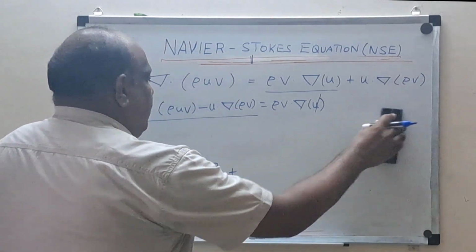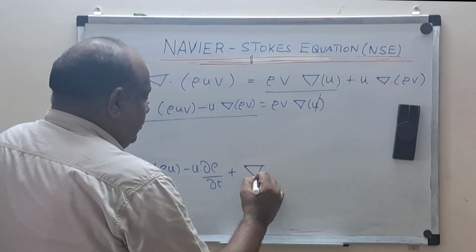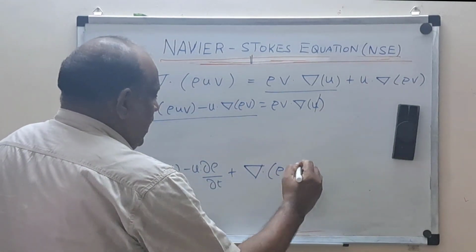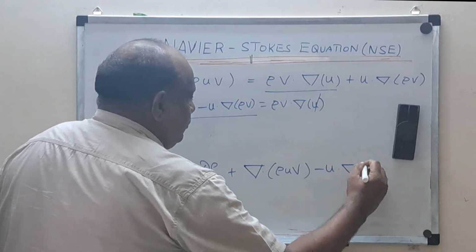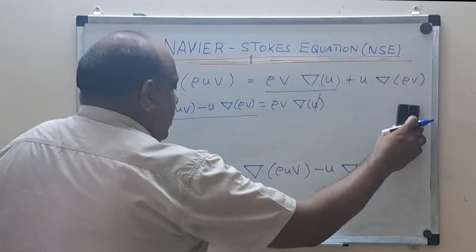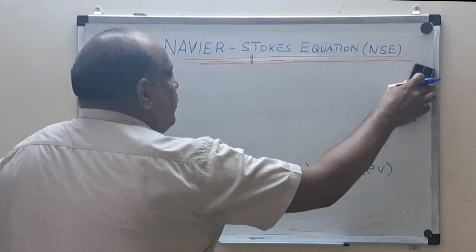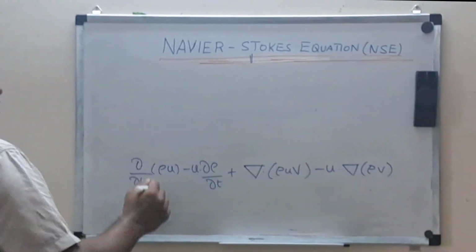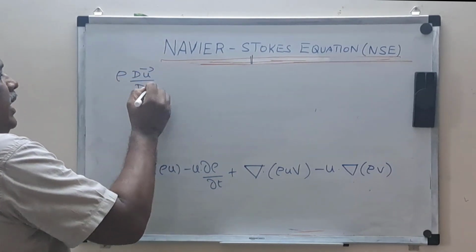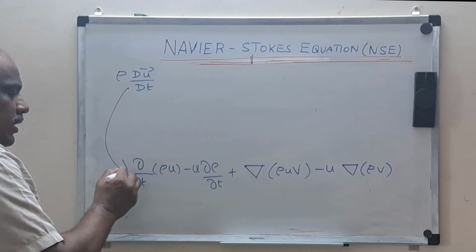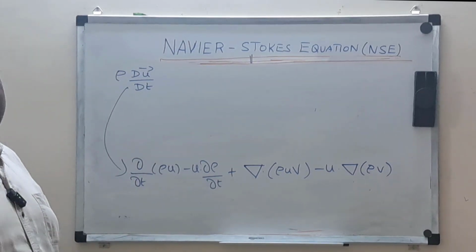This term will become del dot rho u v minus u dot del of rho v. So this is the LHS. Now actually what is this value? This value is nothing but rho of du by dt, which has been transformed like this.